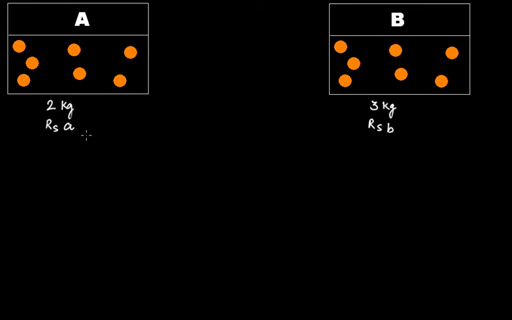Now, if we have to talk about proportion, then what do we mean by proportion? What is the weight of oranges being sold by this shop A? So you will say that, let me write it here.